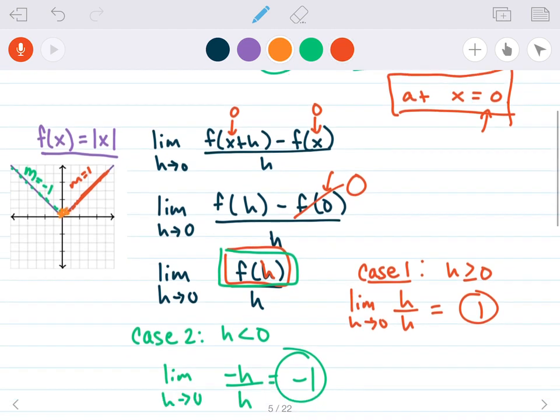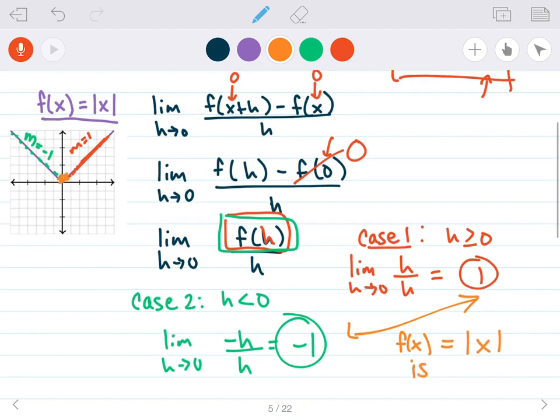And so we have just proved using the limit definition that f of x equals absolute value of x is not differentiable at x equals 0. Okay, so we just proved that.